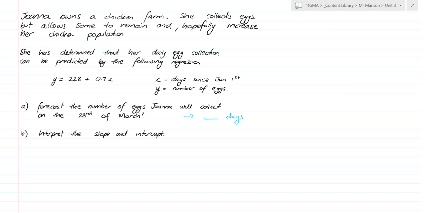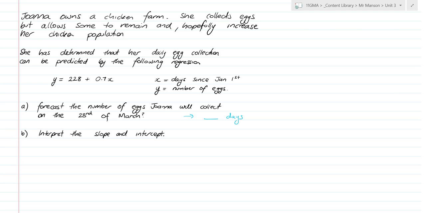So you're actually out of sync by 1. So in this case, the 23rd of March is the 82nd day in a year. It's 81 days after the 1st of January. Does that sound all right? Okay, so just be wary, be careful, and the best way to deal with that is think, what number would I put in for the next day? What is the next day? 2nd of January, I'm putting a 1 in.